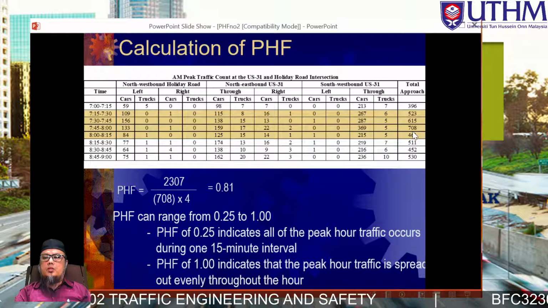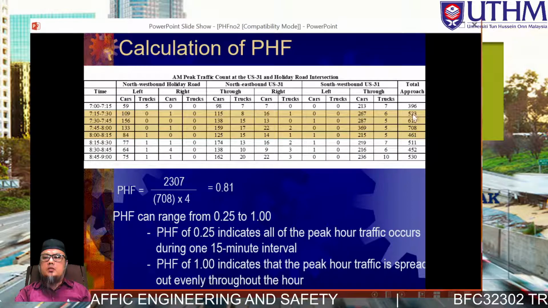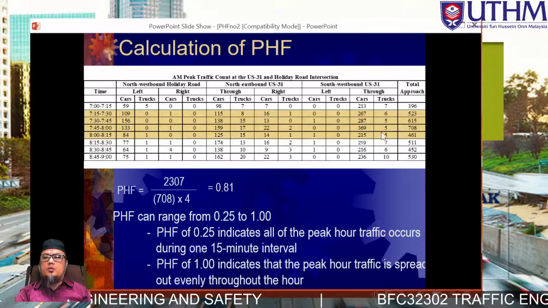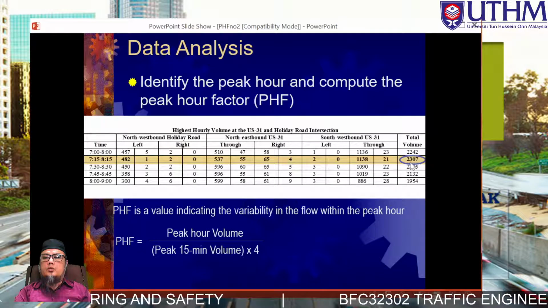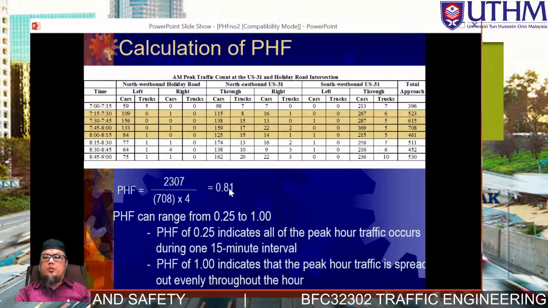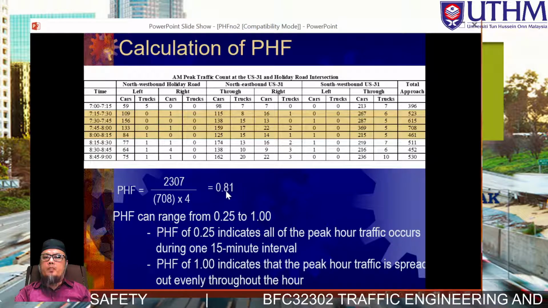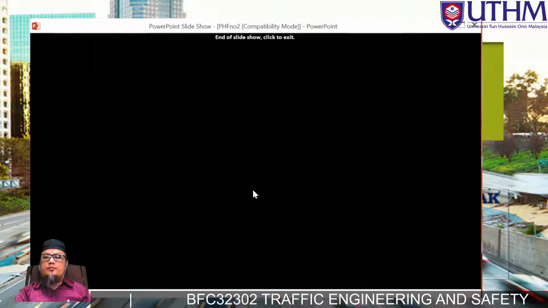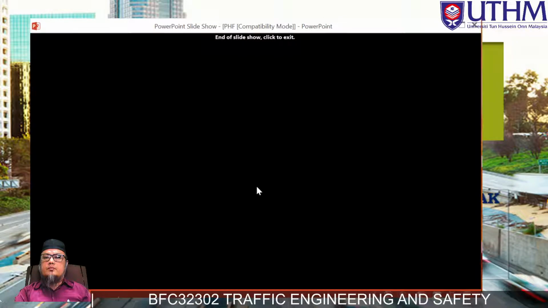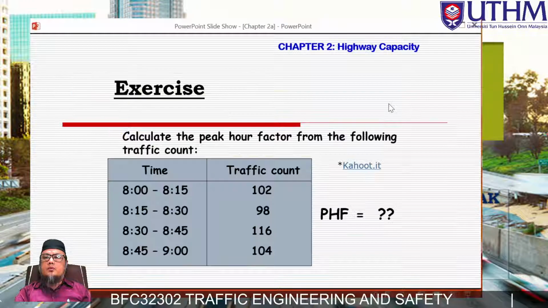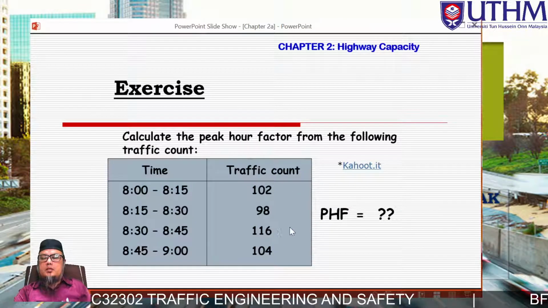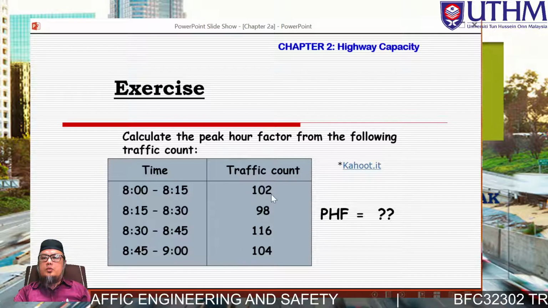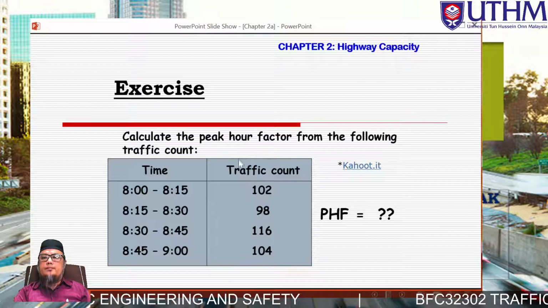So we select 700, which is higher compared to the others. We put here 700 multiplied by 4, and the total we calculated already is 2307. So now we obtain 0.81. Next, this exercise. Try to solve the exercise, then you will obtain the value.